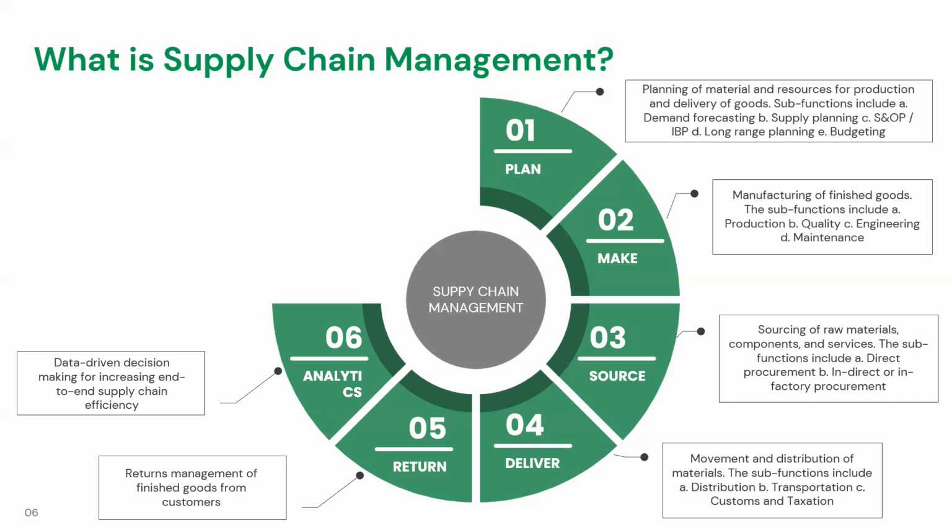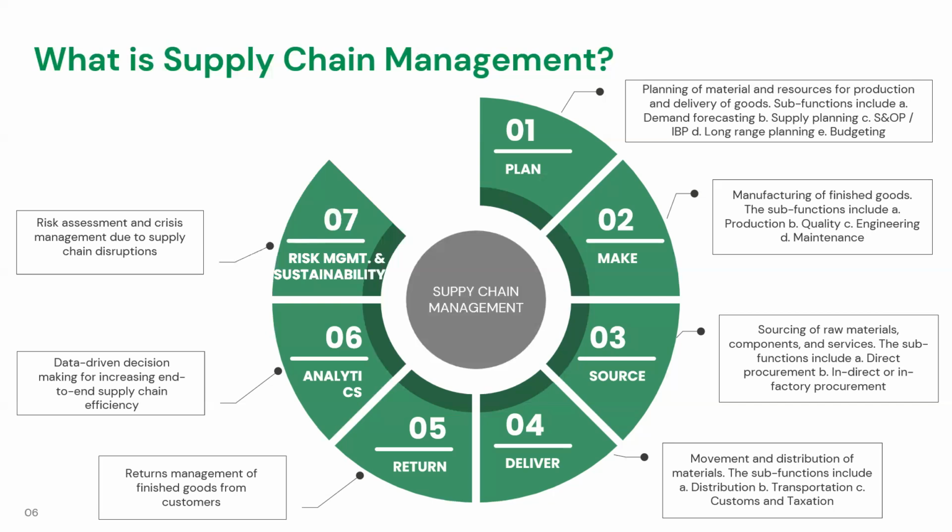And also impactful. As I said, the planning function, all these functions are very data driven and digitally enabled. So how can companies use data and analytics to make impactful decisions to improve the efficiency and effectiveness of supply chain operations?